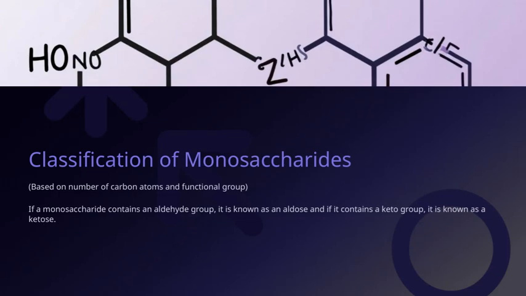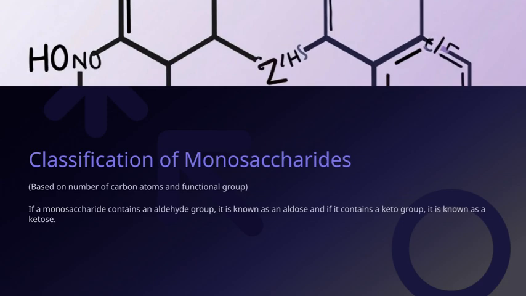Now, let's talk about how monosaccharides are classified based on their functional groups and the number of carbon atoms they contain. If a monosaccharide has an aldehyde group, we call it an aldose. On the other hand, if it has a keto group, it's known as a ketose. These groups are key because they determine the chemical behavior and reactivity of the sugars.